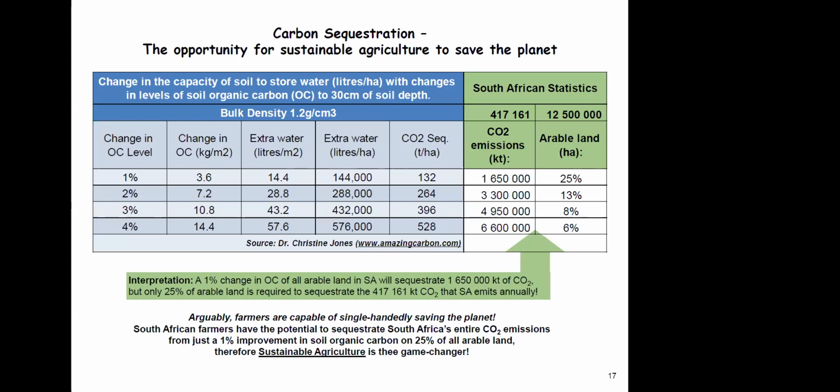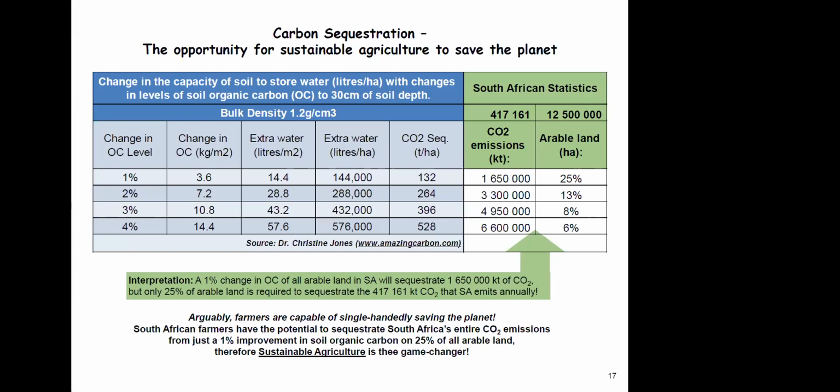So strictly speaking, we only need to do in South Africa 25% of our arable land at only a 1% increase in organic carbon to sequestrate South Africa's entire CO2 emissions in 1 year. If we want to drill down to the 4% level, then we only need to do 6% of our arable land of 12.5 million to sequestrate our entire emissions over 1 year.